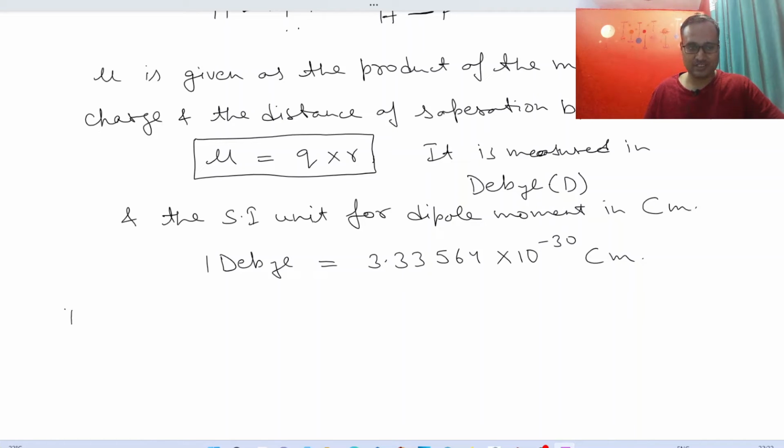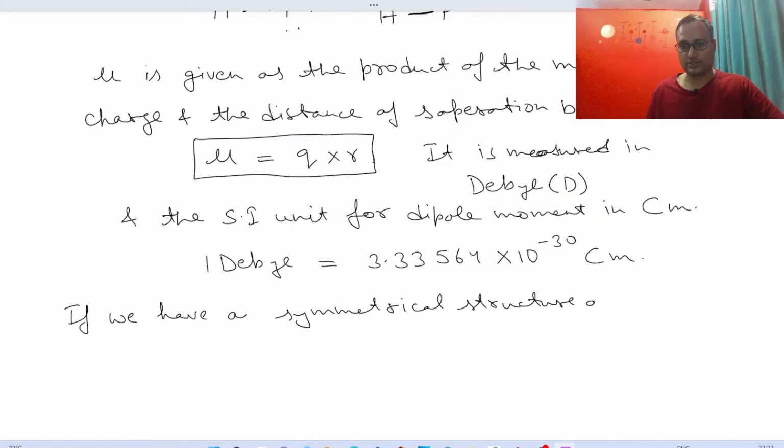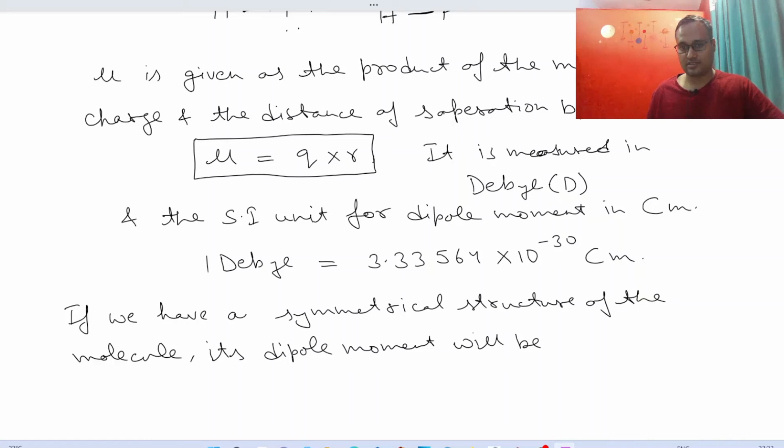If we have a symmetrical structure of the molecule, its dipole moment will be 0.